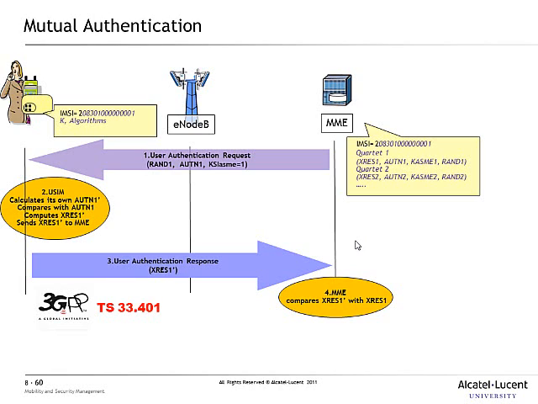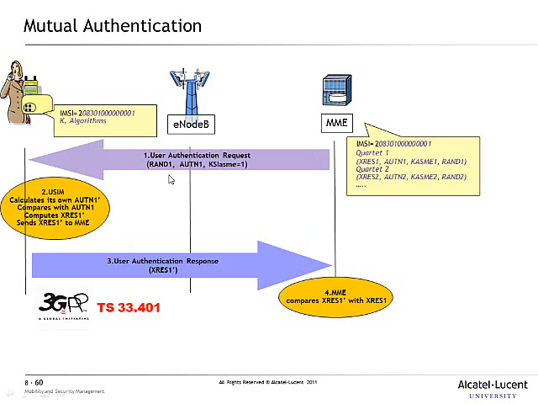So once you get the authentication information, what do you do with it? Remember the authentication is performed between which 2 points in the network? Between the UE and the MME. So the MME then sends the authentication information to the UE.